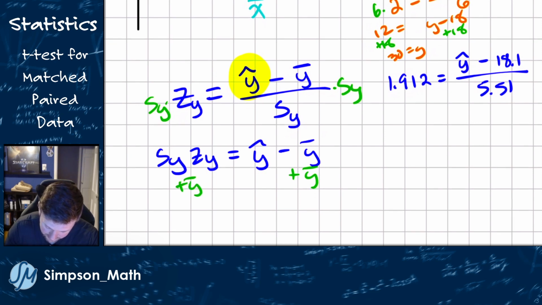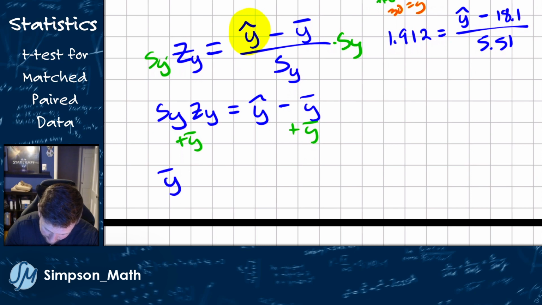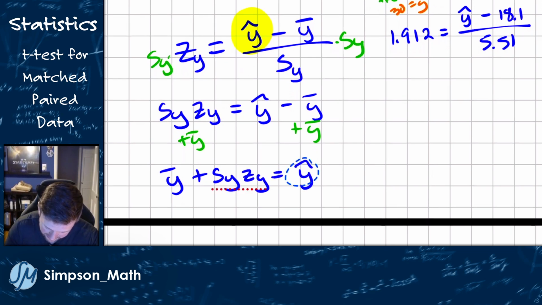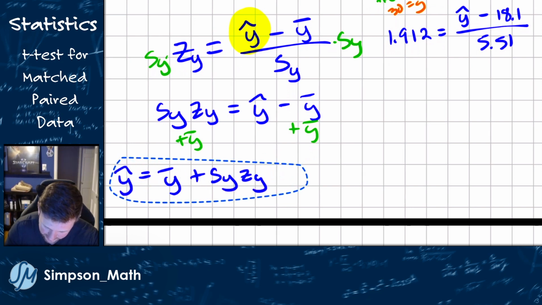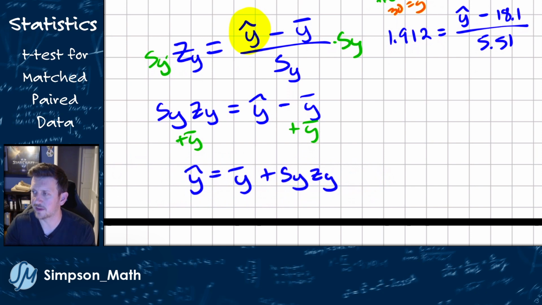I'll put the y bar first, because it makes sense in my brain to do that. And then I'm going to move my y hat over to the front, just so that we have a little formula looking thing.